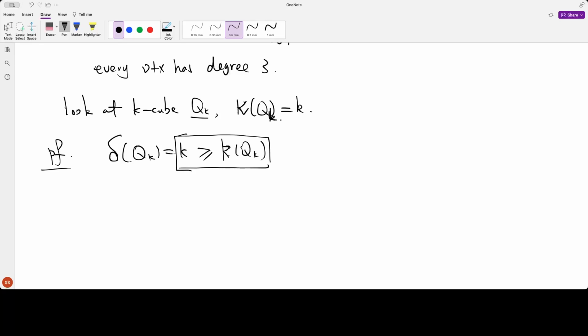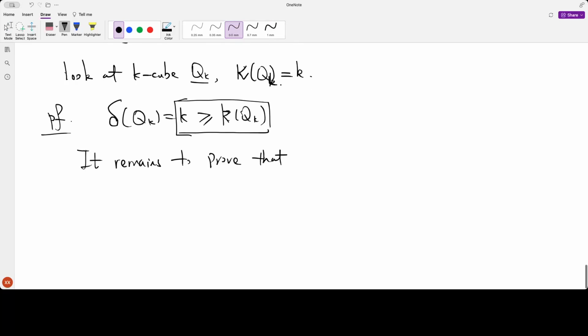Okay. So what remains to prove is that any vertex cut S has size at least k.